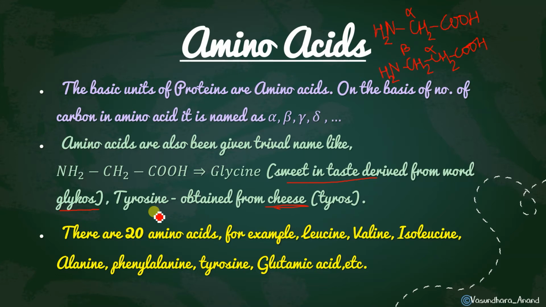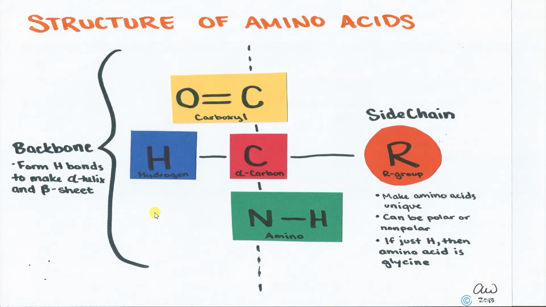Okay. So now next thing, the structure of amino acid. As I told you, COOH group will be there here. This is a monomer I have made actually. And here suppose that H is there.